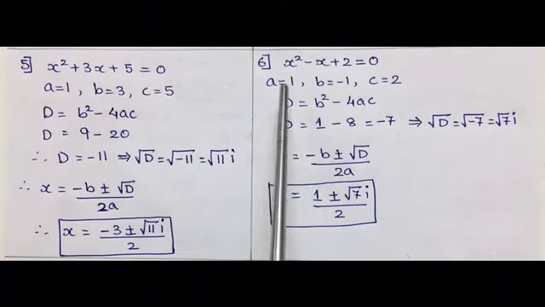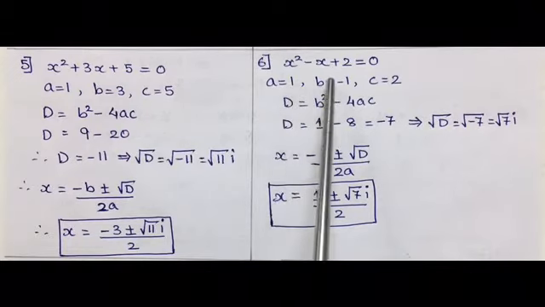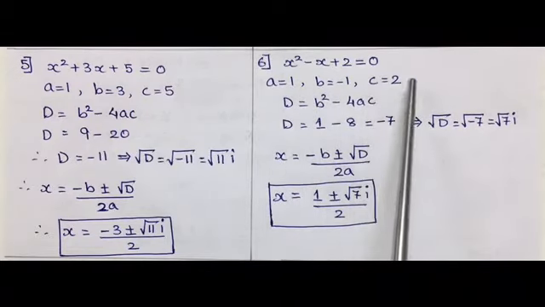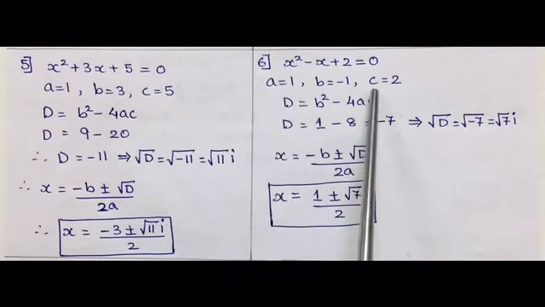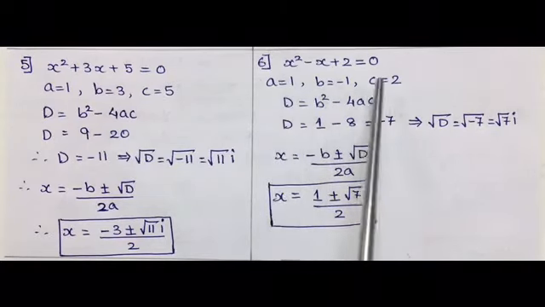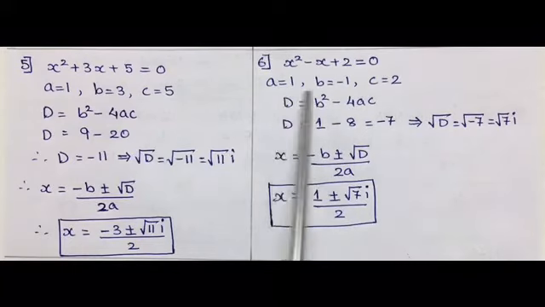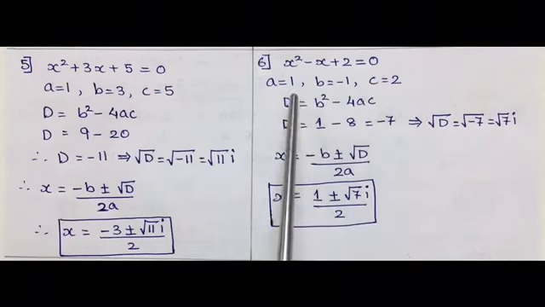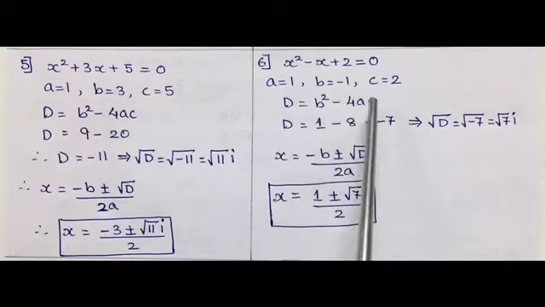Question number 6 is x square minus x plus 2 equal to 0. Collecting all the coefficients of x square, x and the constant, the value of a, b and c we got it as 1, minus 1 and 2 respectively.